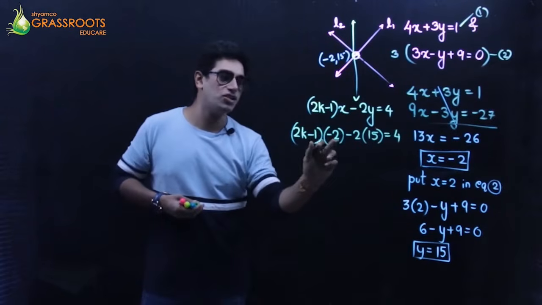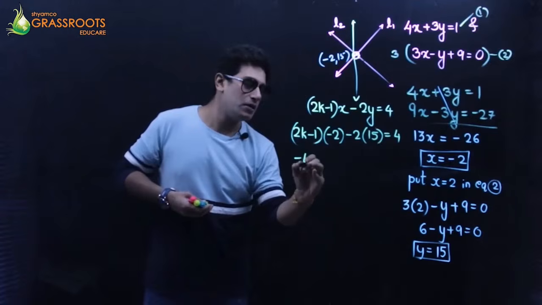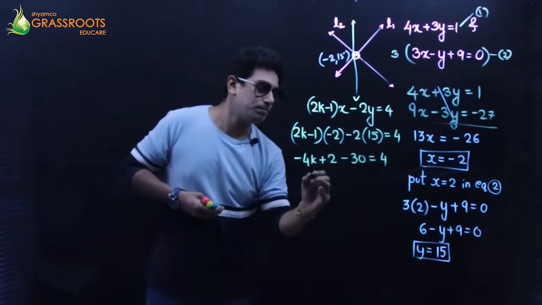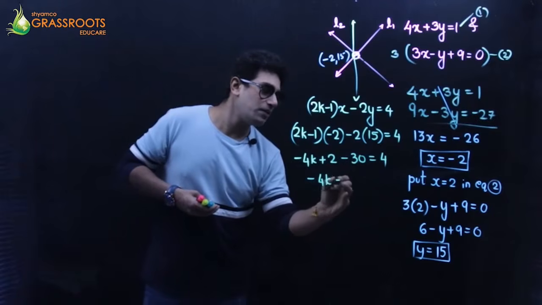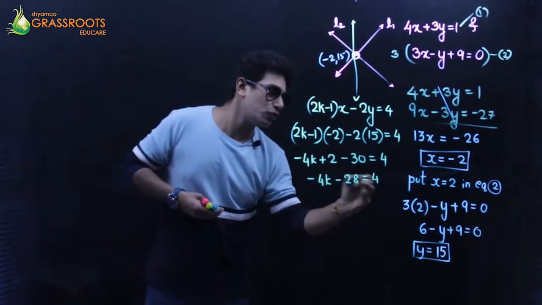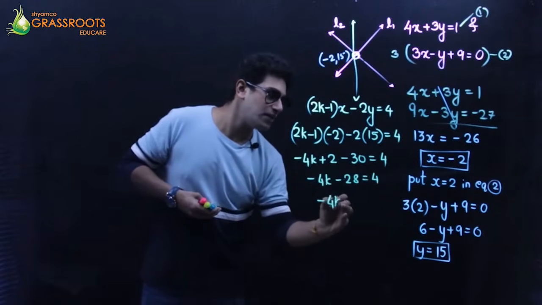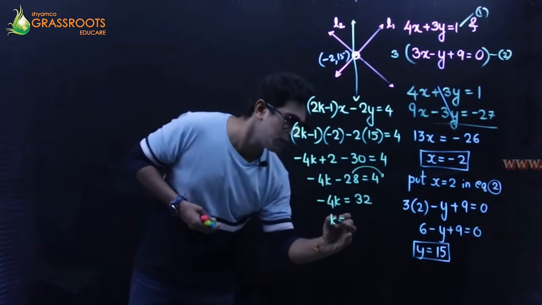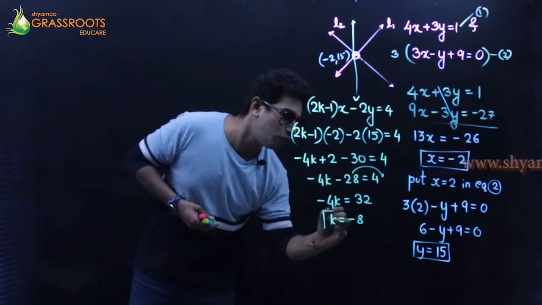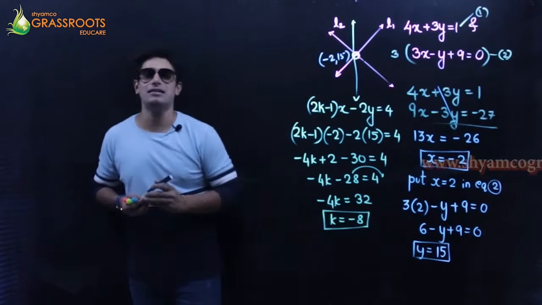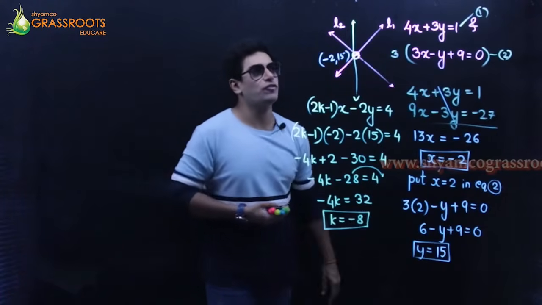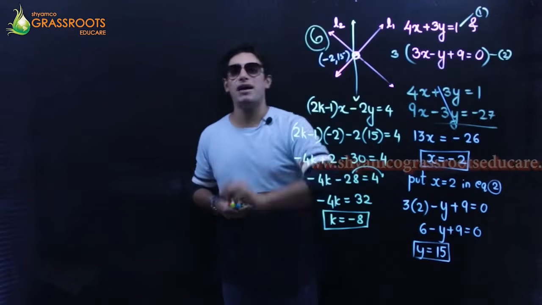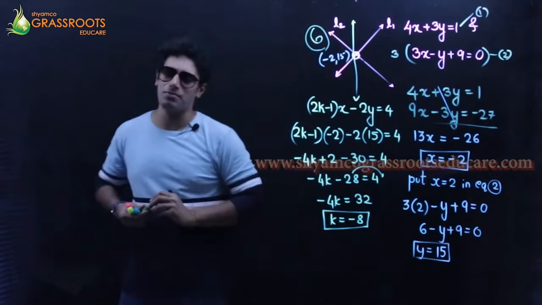Open the bracket. -2 is multiplied with both of them. -4k plus 2 minus 30 is equal to 4. -4k minus 28 is equal to 4. Shift it on the other side. -4k is equal to 32. K is equal to 32 upon -4. Answer is -8. So the value of k is -8.